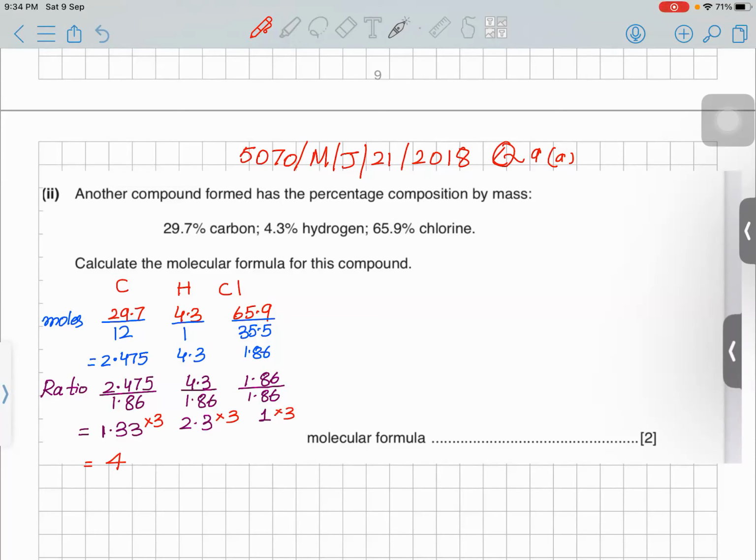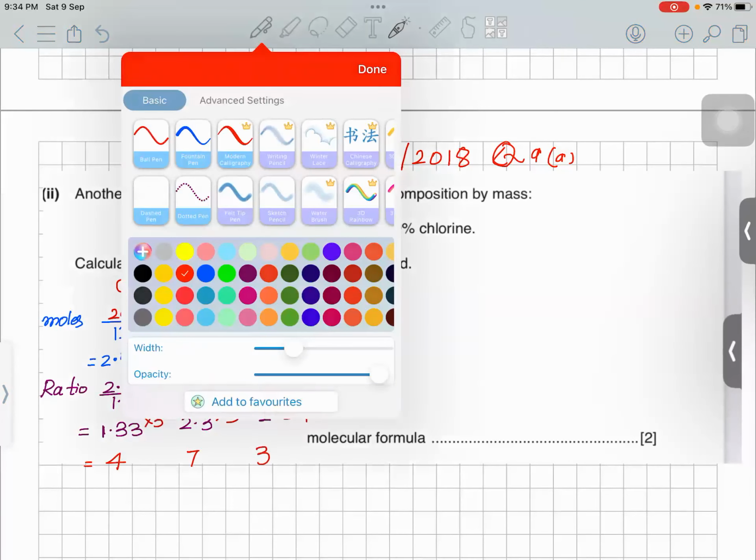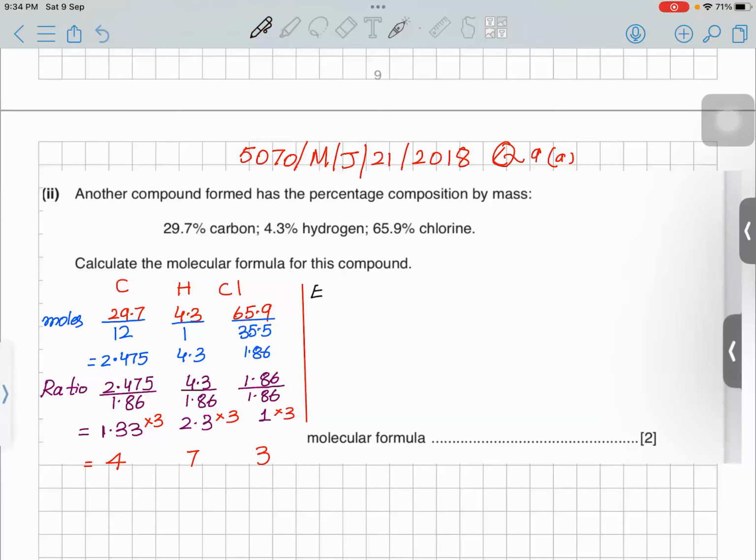And when you multiply 2.3 by 3, it's 7. So the empirical formula is C4H7Cl3.